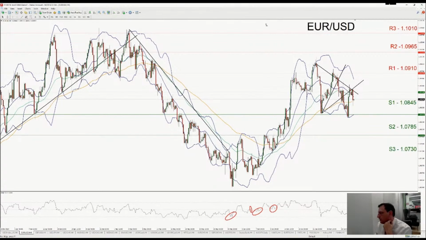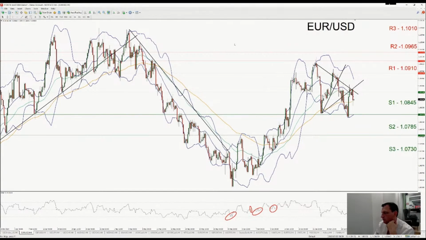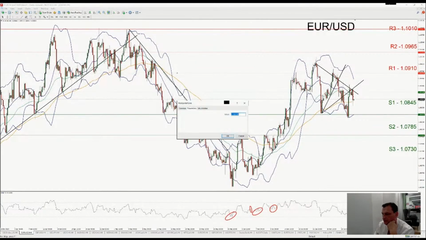So we note on the one hand the 1.10, that would be the 1.1090.